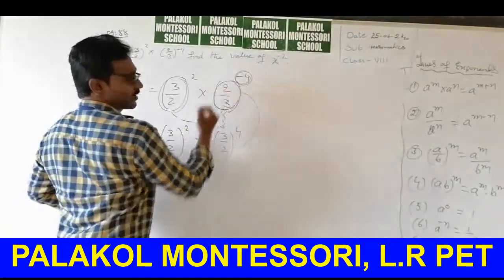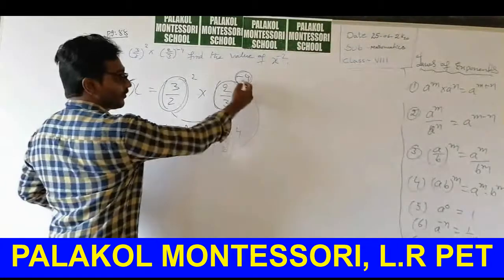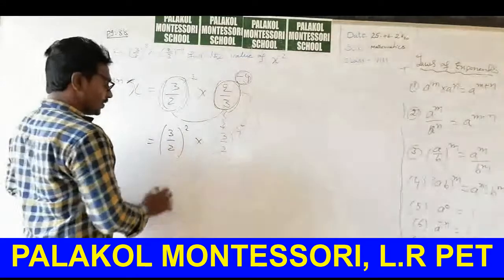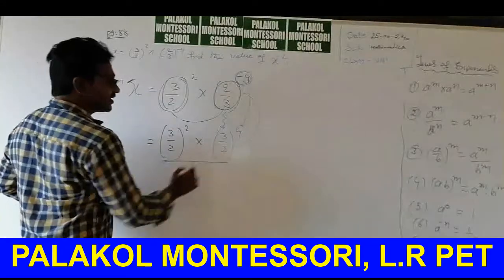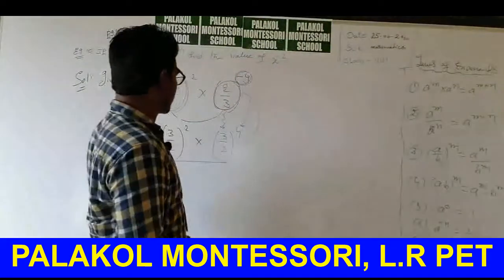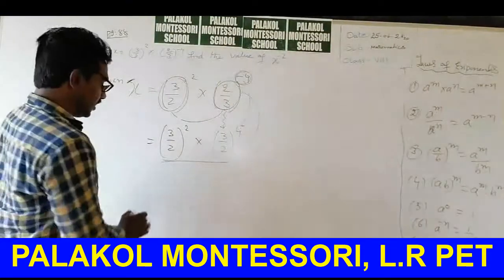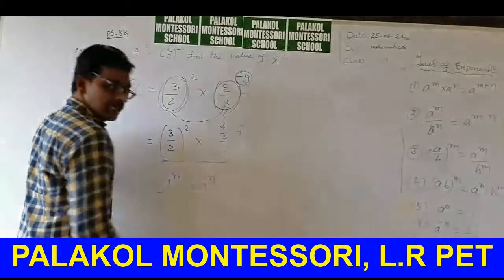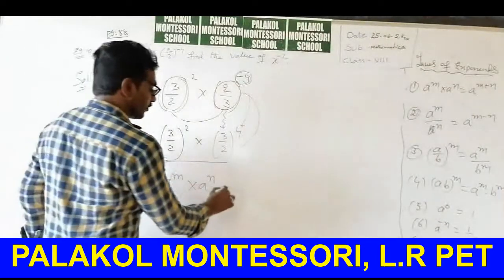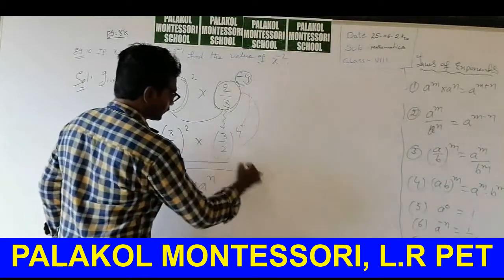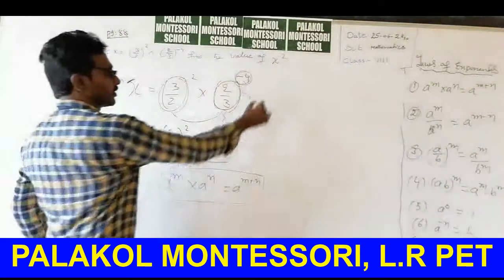The power will immediately change to plus 4. Now, which formula in this list is like that? The first one. Good. What is the first formula? A to the power of m into a to the power of n is a to the power of m plus n.